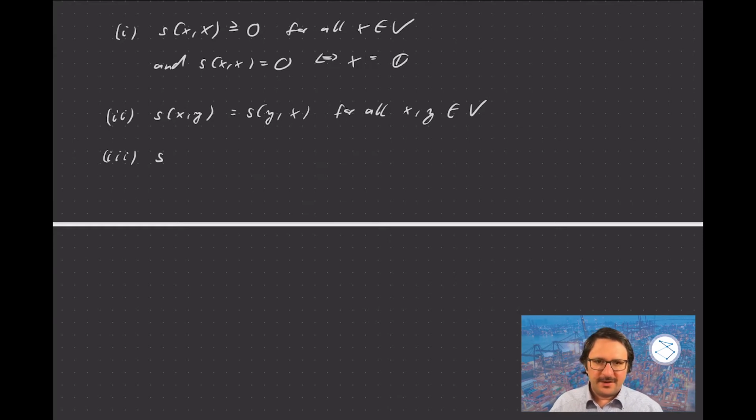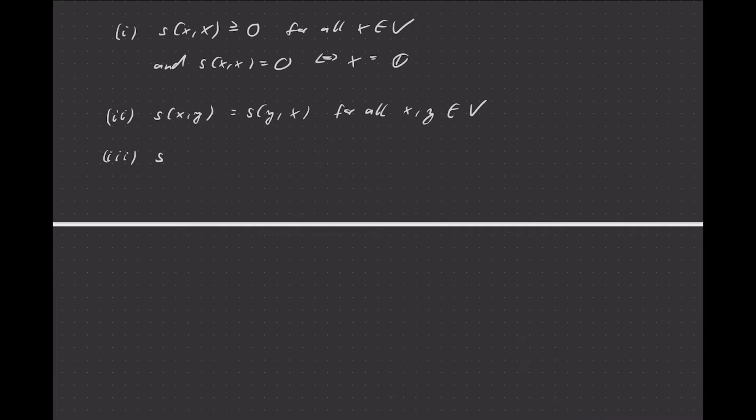But the scalar product takes two vectors as their inputs. A linear function usually takes only one. And what we want is, we want the scalar product to be linear in each of those two components separately.